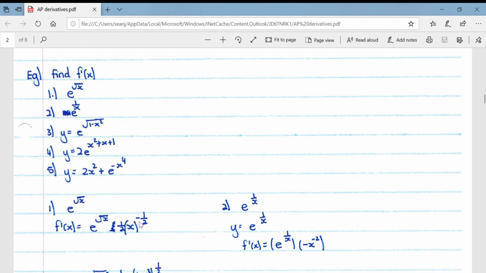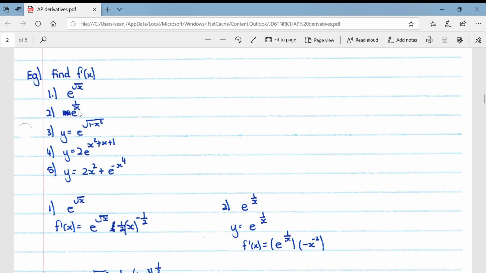Now we apply the chain rule. We jump the 1 over 2 down, multiplied by what's in the bracket, to the power of 1 over 2 minus 1. Then you take 1 over 2 minus 1, which becomes minus 1 over 2, multiplied by an invisible 1, because that's the derivative of what's in the bracket, but it doesn't change it, so we have left it out.